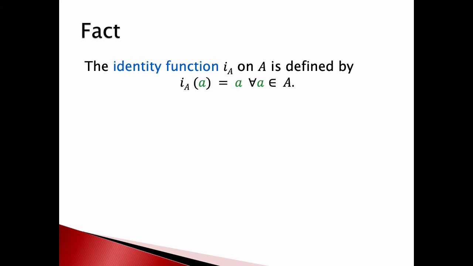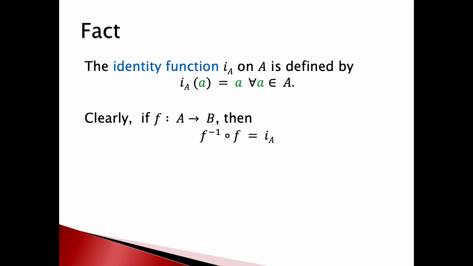It's sort of like when you multiply something by 1, it doesn't change it. The identity function maps A back to A. It's one to one and onto, obviously, because you plug in an a and you get back the same a.